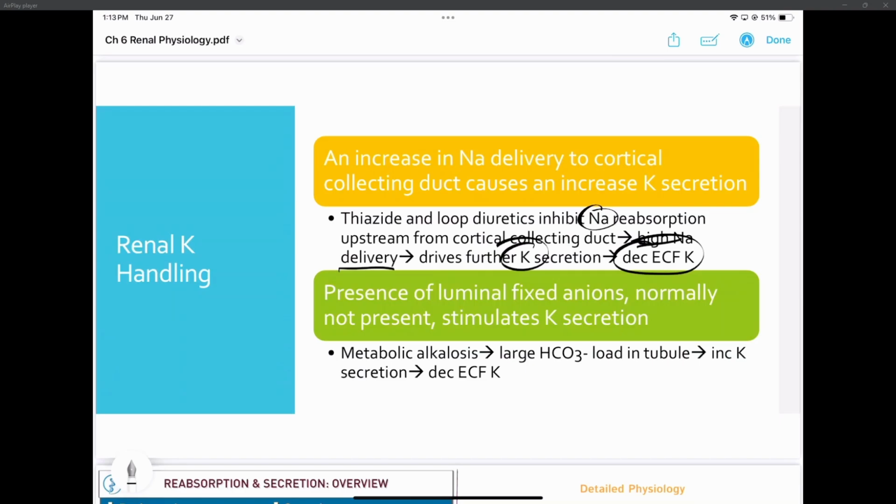Remember, aldosterone causes sodium reabsorption and potassium loss. So if I give an aldosterone antagonist, I'm going to keep sodium in where? In the urine. If sodium's in the urine, what's also going to stay in the urine? Water. So we're going to cause a diuresis. But that potassium is being reabsorbed into the blood, so you don't lose potassium with spironolactone, an aldosterone antagonist.